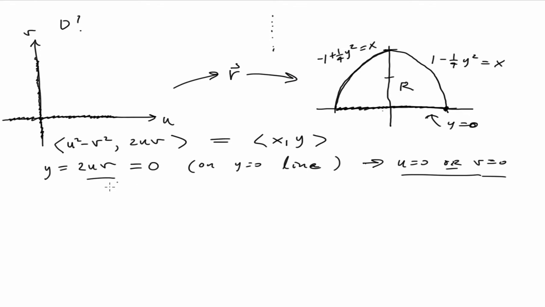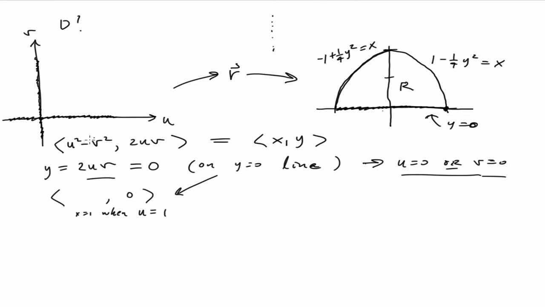Is there a way to do that? If I look at this function, this will be 0 here, because that's y, right? And again, this is the same thing as on the y equals 0 line. But I want x to be equal to 1, and that occurs when u is equal to 1.